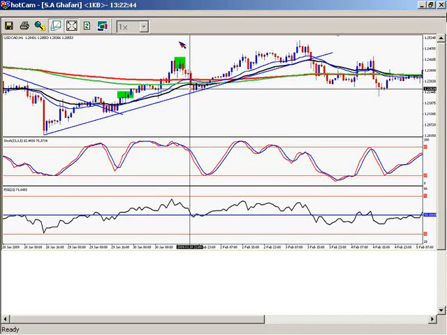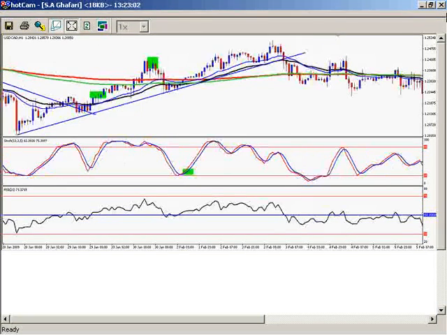Let's get back to the stochastic. Let's suppose we have a crossover here between the %D and %K lines of the stochastic. This signal complies and agrees with the dominant trend, which is an uptrend.